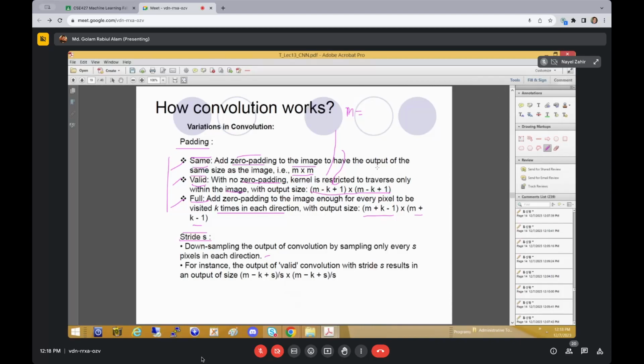In that case, if we set up the valid padding, based on the stride size the output feature map size will be m minus k plus s divided by s by m minus k plus s divided by s. So this will be our output size based on the different setups of stride, for the valid padding.